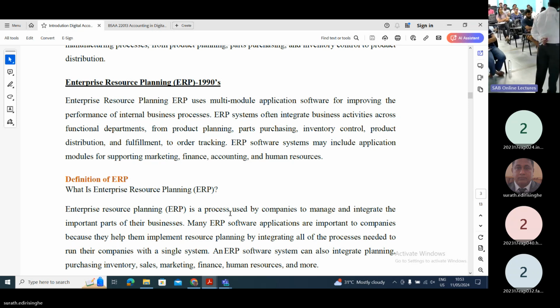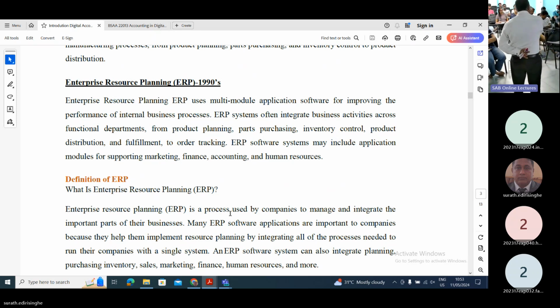The enterprise resource planning works in the organization to control such resources by a multi-module application. Multi-module means covering the entire operation, including production, marketing, HR, accounting, and all.